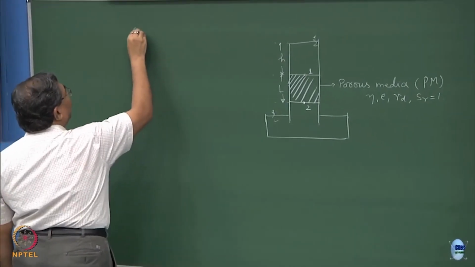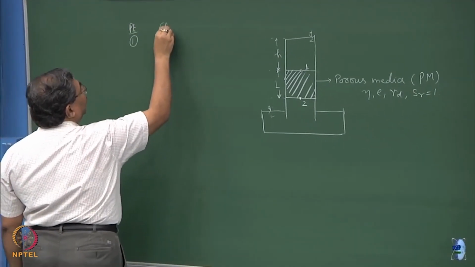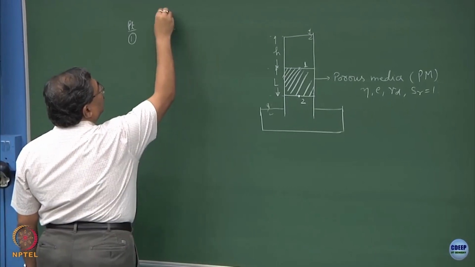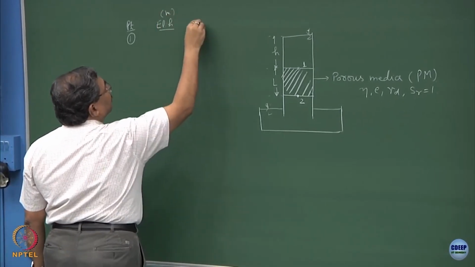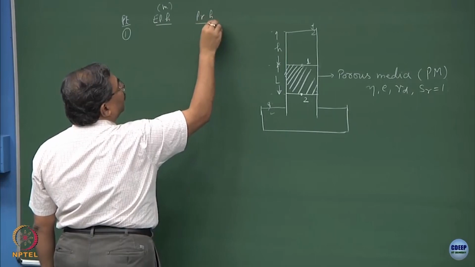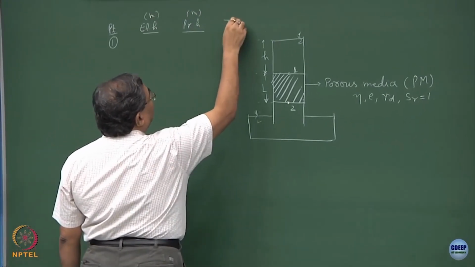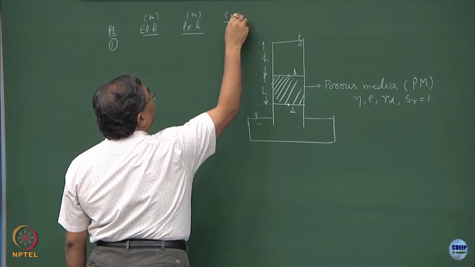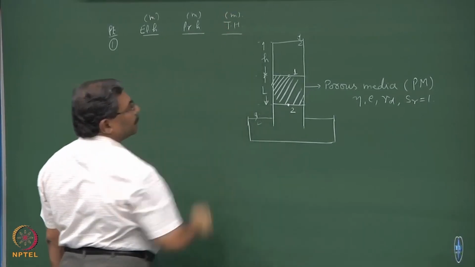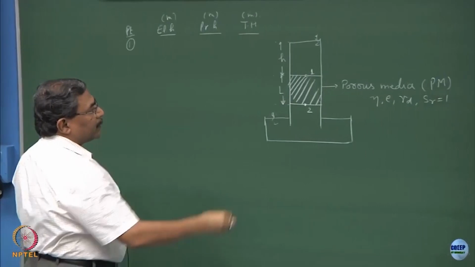So, if I say point, elevation head, this is in meters, the pressure head is also in meters, and the total head is also in meters. So, point 1 was quite straightforward.